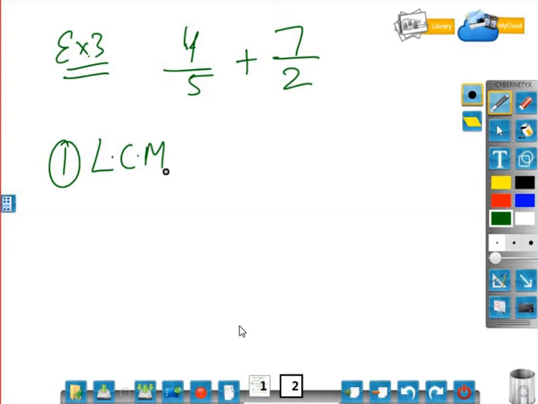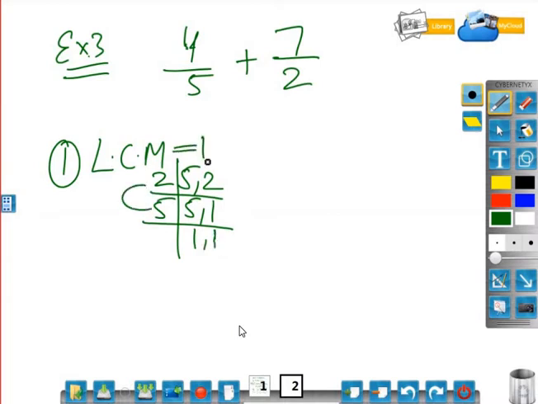To make the denominators the same. Since 5 and 2 are co-prime, they don't have any common factor, so we can directly find the LCM, which is the product of the denominators, that is 10. So the LCM is 10.